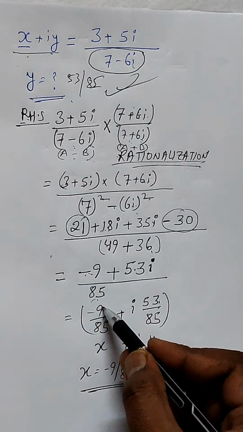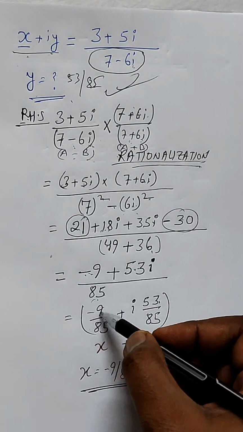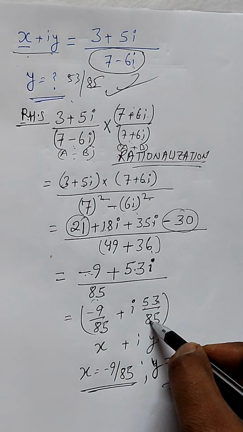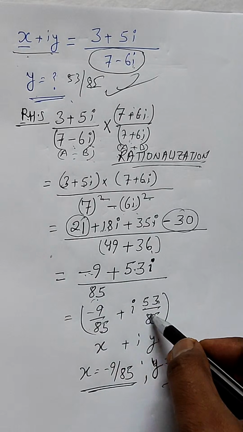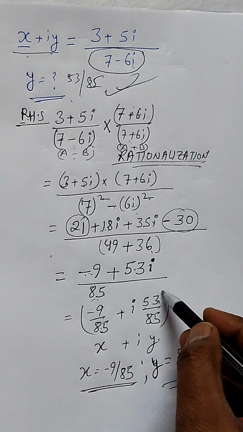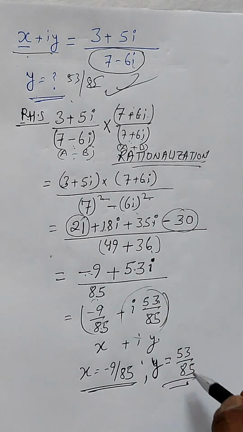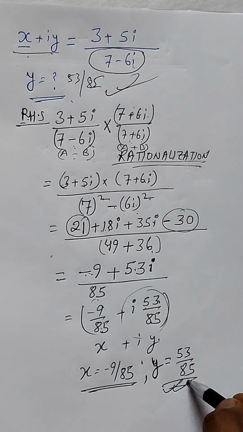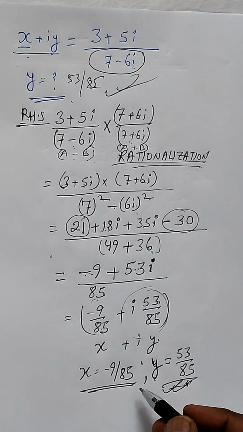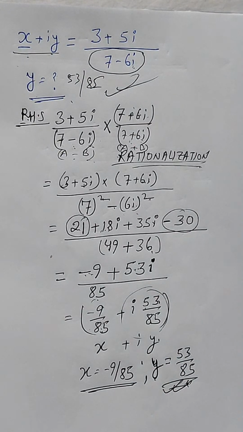After that we have minus 9 by 85 and 53 by 85 as two components, real and imaginary respectively. So the imaginary part is 53 by 85. So our answer is 53 by 85 for the imaginary part. So we have calculated it, students, right?